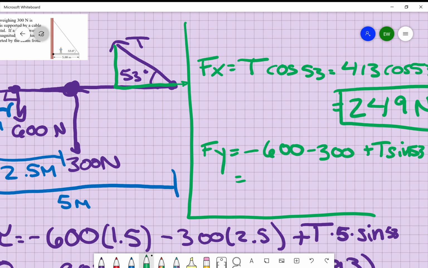Negative 600 minus 300 plus 413 times the sine of 53. Oh, it would help if my calculator would work. Awesome. About 570. Ooh, that's big. But that's all right. 570 newtons. Ta-da!